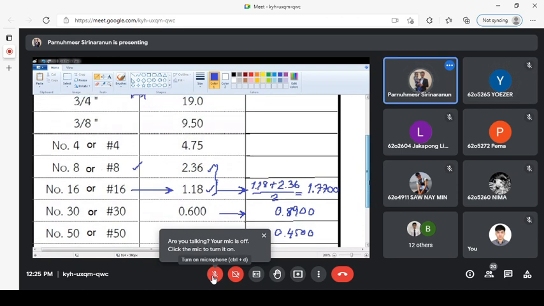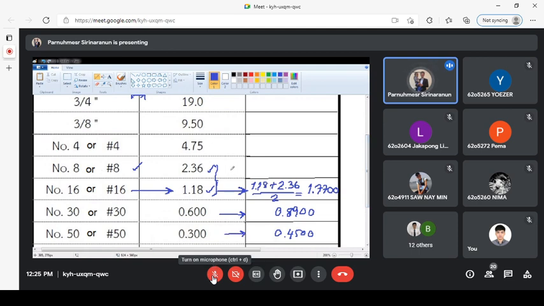How about the last ones, such as number 8?